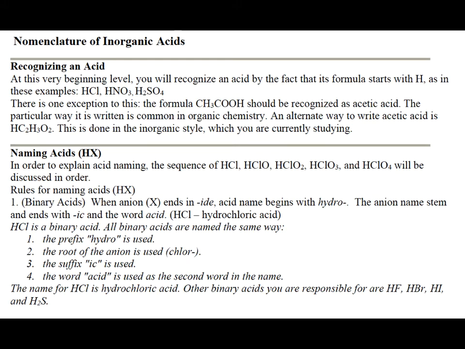They start with the prefix of hydro. They use the root of the anion. For HCl would be chlor, and the suffix IC. The word acid is used as the second word in the name and must be there because that's what tells you it's an acid. So the name of HCl is hydrochloric acid. Other binary acids are HF, HBr, HI, and H2S.